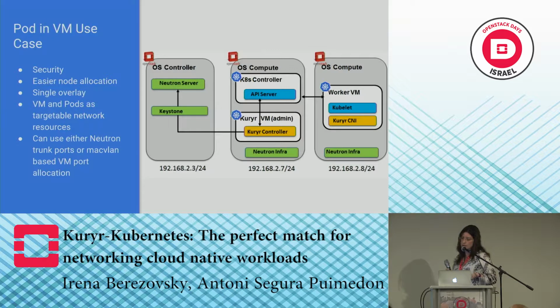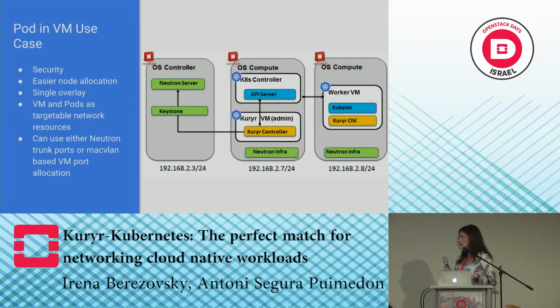In such a case, we'll have the control plane also deployed inside a virtual machine, and we'll need the Kuryr Kubernetes controller to be deployed as an administratively managed virtual machine, having the Kuryr controller inside. And actually, this is the only VM that will need to access the Kubernetes API and the Neutron server.